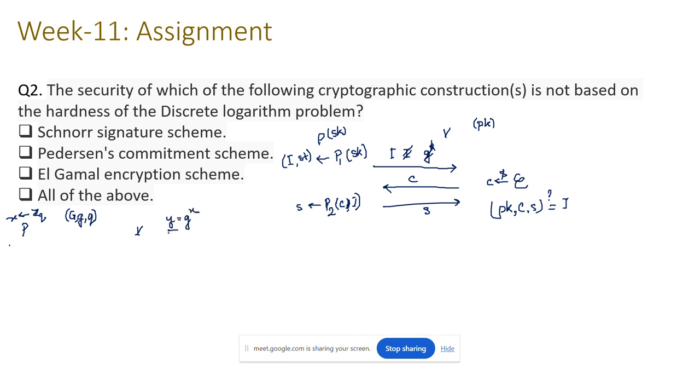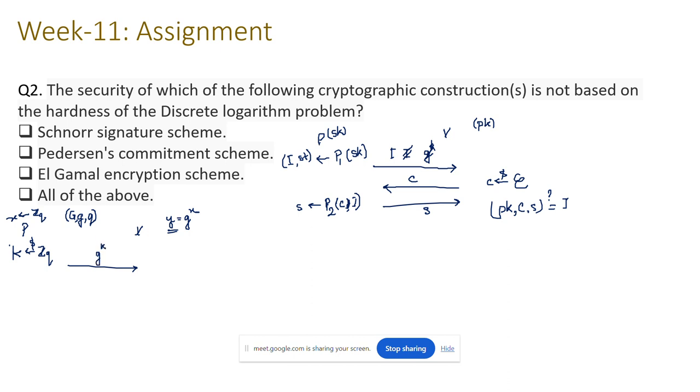So V knows y. Now, to prove that P indeed has access to the secret information x, P first chooses some random value k, chosen uniformly randomly from the space ZQ, and sends to V the value g to the power k.